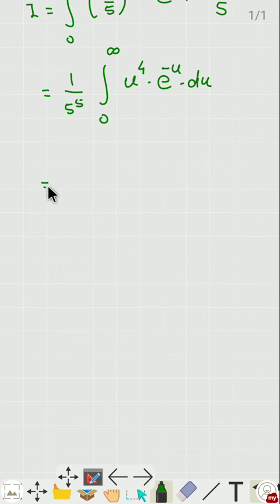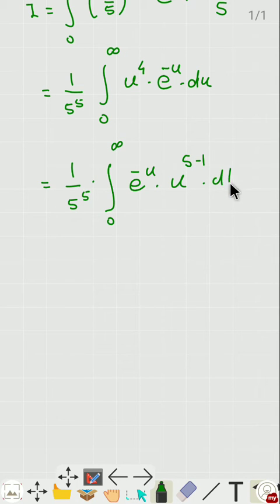And it is equal to 1 upon 5 raised to 5 integration over 0 to infinity of e raised to the power minus u into u raised to the power 5 minus 1 du, and this integration is nothing but gamma 5.